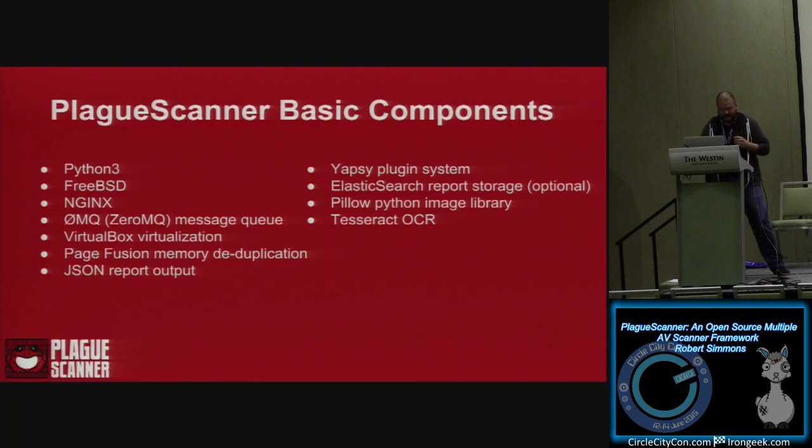There's an Elasticsearch report, which takes the full JSON report and jams it into Elasticsearch so that you can do visualizations using ELK. The last part is something I still haven't gotten to work yet: the OCR of some of the scanners. It is a really tough thing to get to work, and if anyone has any ideas for it, I'm open to suggestions.